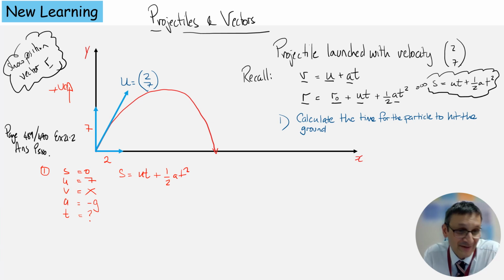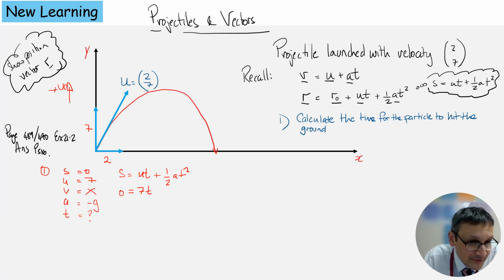Might just be able to finish this before I get kicked out. Substituting those values in, we've got 7t, the displacement was 0, and we've got a minus, the acceleration was g, so 9.8 divided by 2, so it's 4.9 t squared.